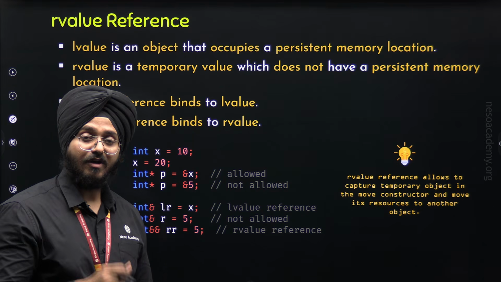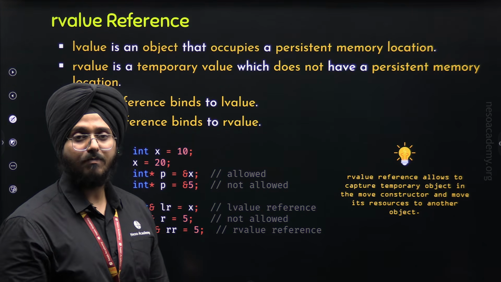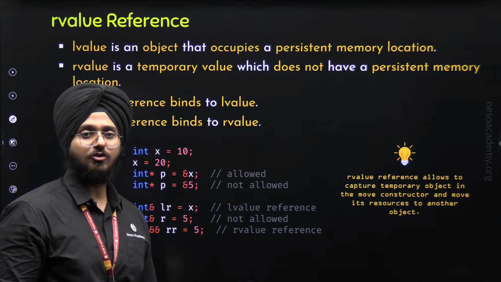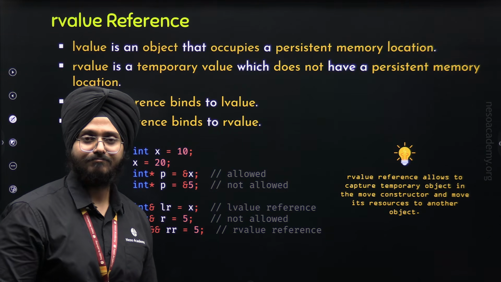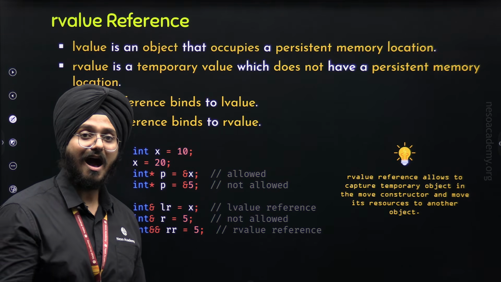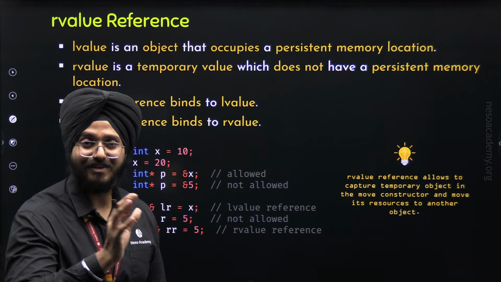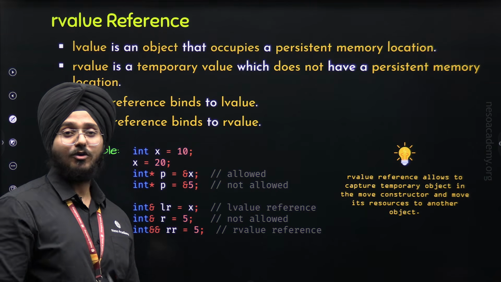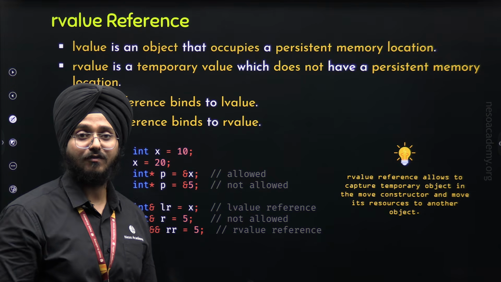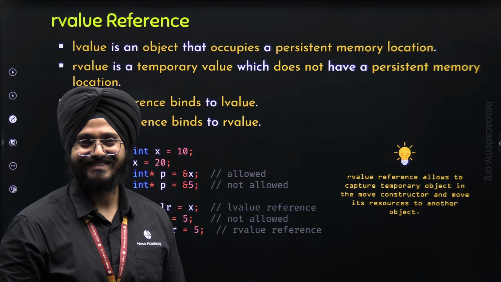That is, when we want to transfer the ownership of one object to the other object, then we use the move constructor. In order to use the move constructor, we need rvalue reference. We need rvalue reference to the temporary object of which we want to transfer the ownership.